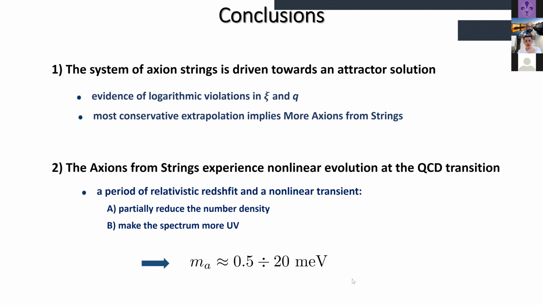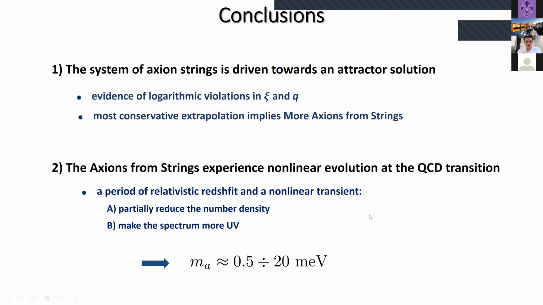Then, due to the fact that there are so many axions produced, the potential is negligible at the QCD transition, as opposed to the pre-inflationary misalignment, and this implies a period of relativistic evolution and a nonlinear transient, and this has the result of partially reducing the number density, which, however, still dominates over the misalignment by a factor of about square root of psi log, and making the spectrum more UV.